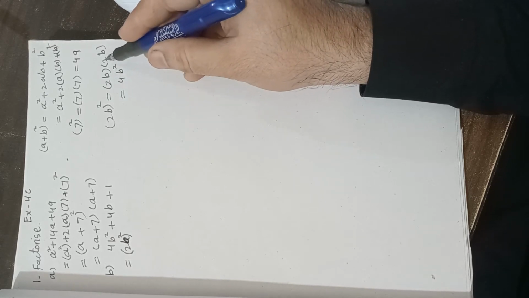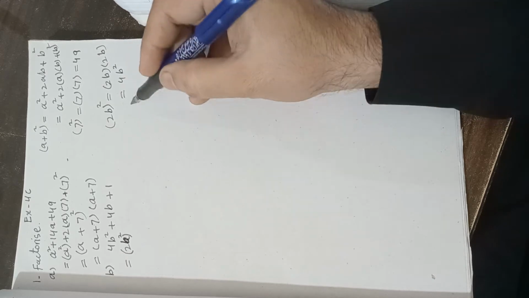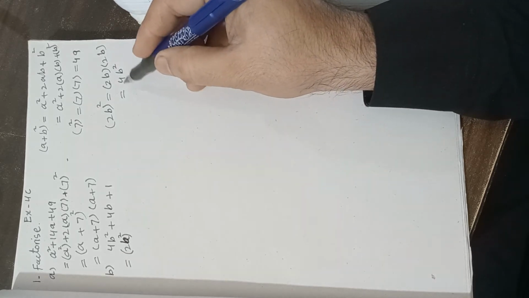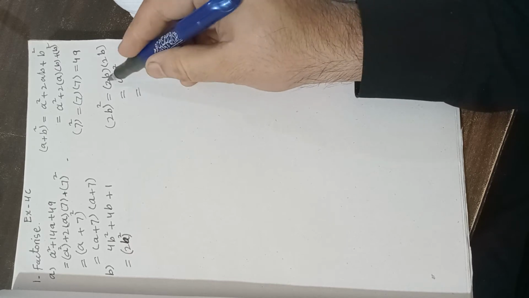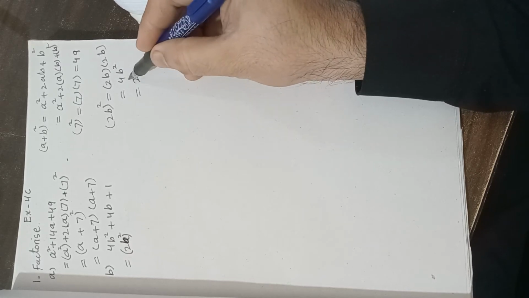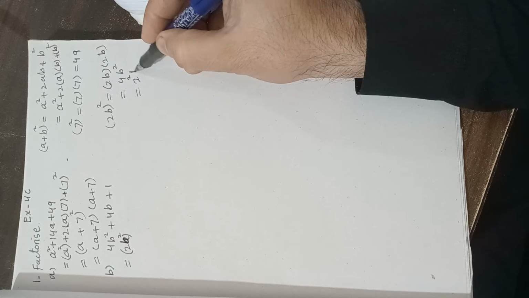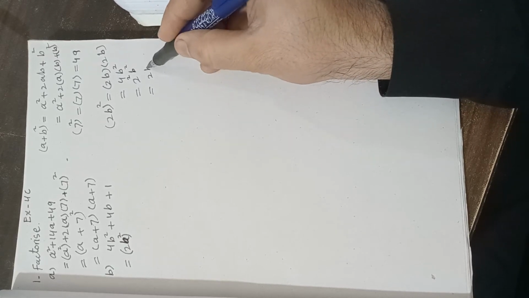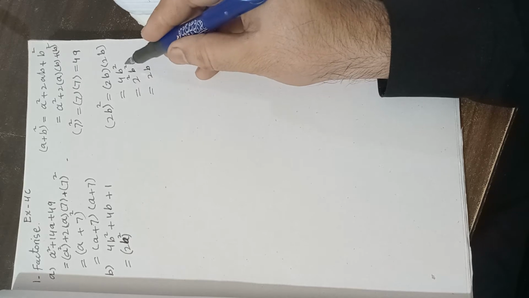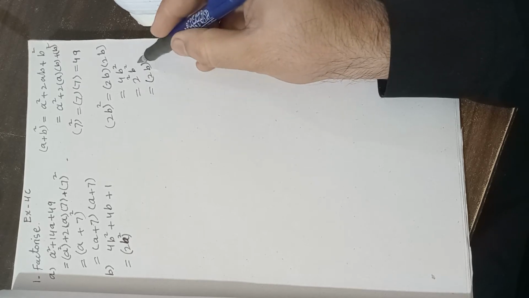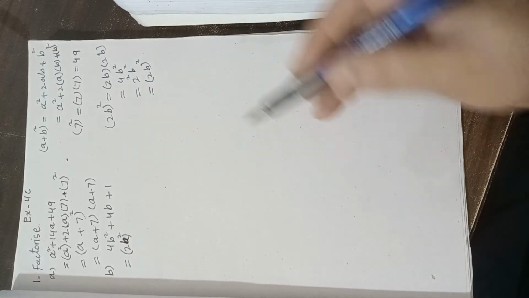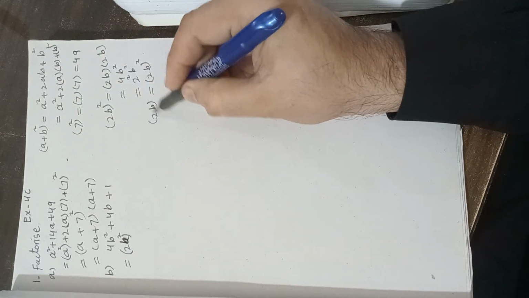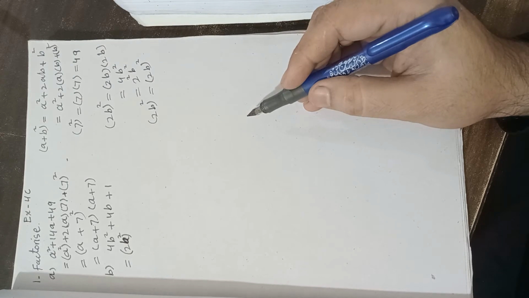You can also explain it like that. 2 is 2 times and b is also 2 times. Then you can also write these 2 and 2 above the bracket. So it has changed like that.